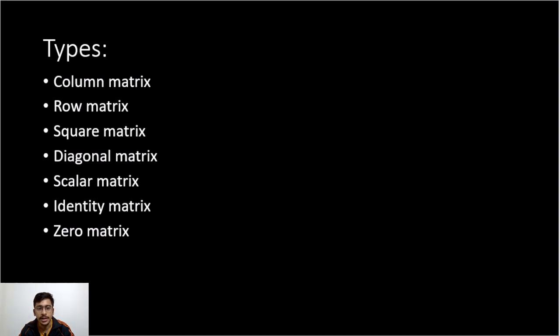So let's understand how many types of matrices there are. These are some basic types of matrices that we have. For example, this first type is called a column matrix. In a column matrix, you have only one column.